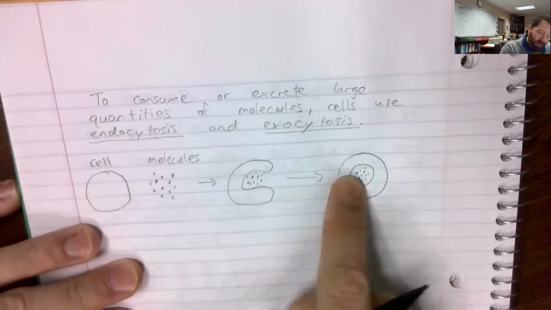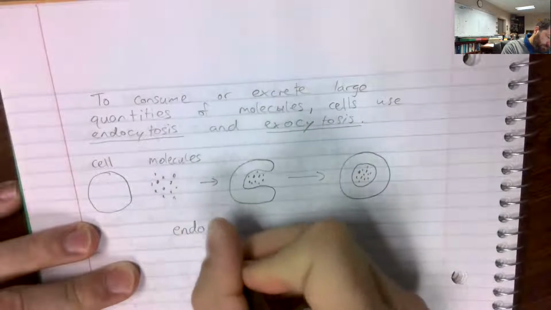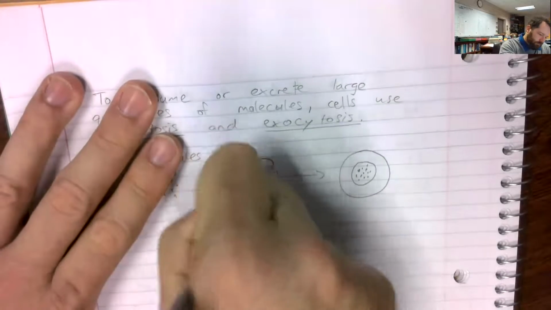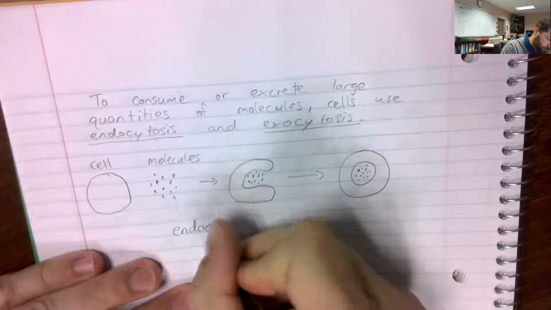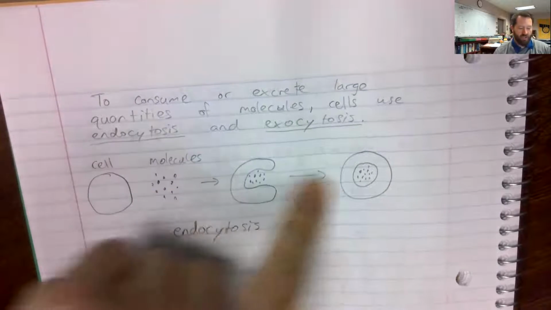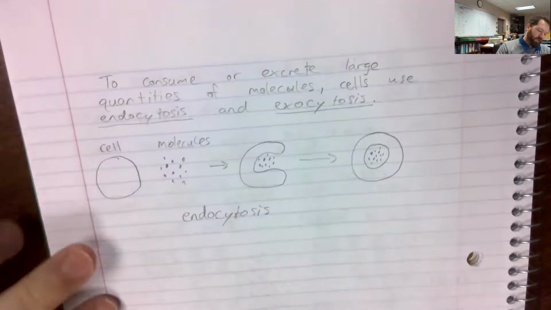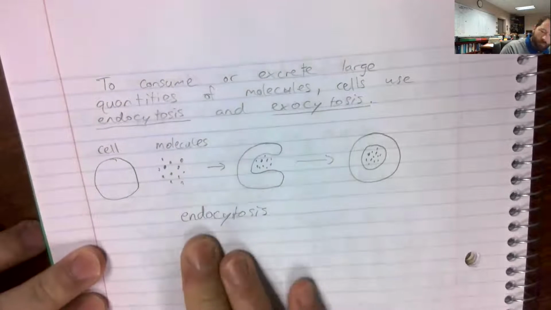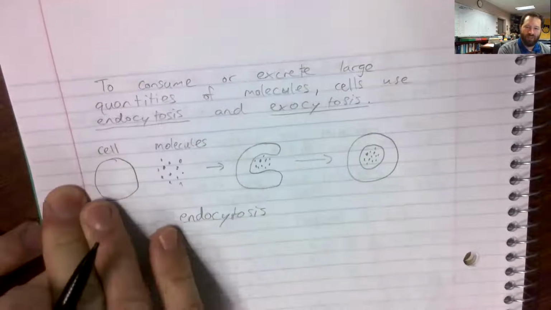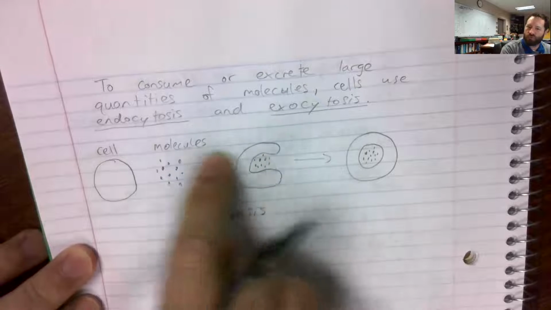So going in this direction, the endocytosis, we're swallowing up those molecules. One last note to add. I'm hoping you can picture what exocytosis would look like. It's just going in the opposite direction. You have a whole bunch of particles on the inside and you just spit them out.